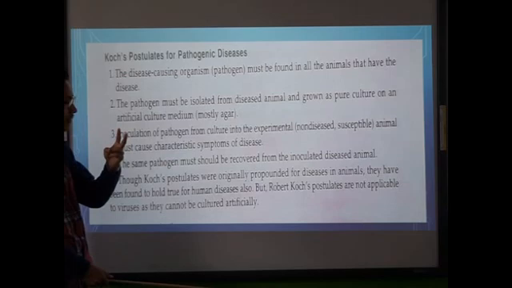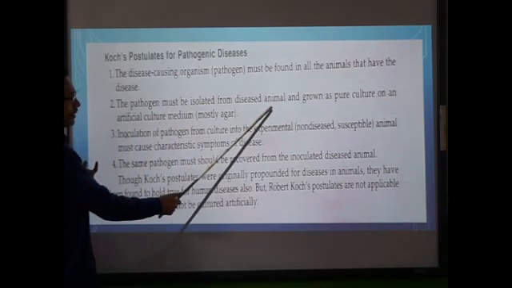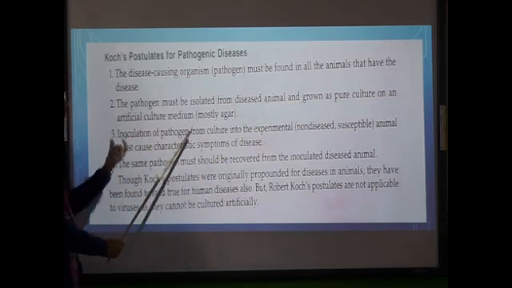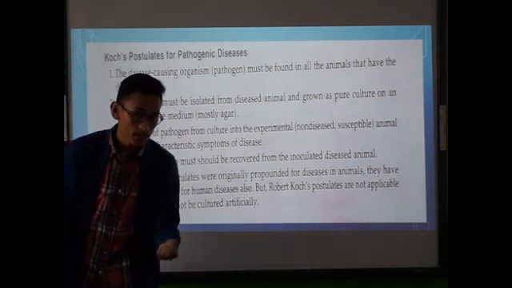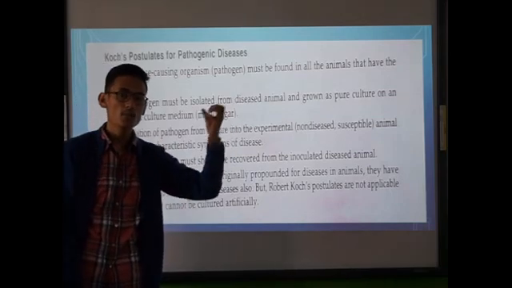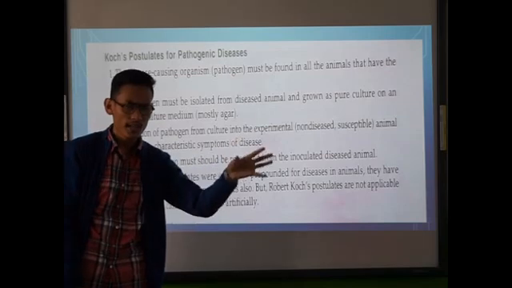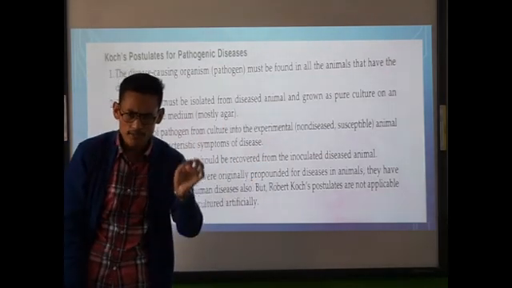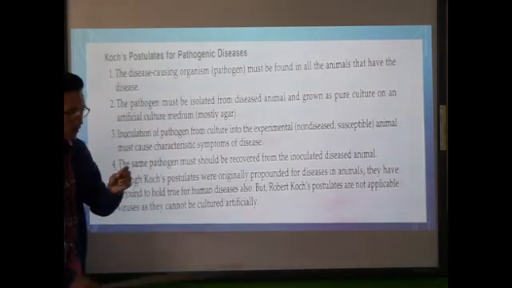Number 2: the pathogen must be isolated from the diseased animal and grown as a pure culture on an artificial culture medium, mostly agar. So if an animal is suffering from a disease, the pathogen is present there. Now we have to isolate, to take out the pathogen from the diseased animal, and that pathogen must be cultured in a culture medium containing mostly agar.